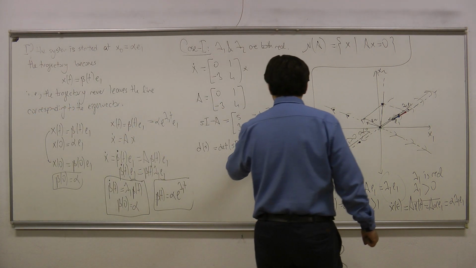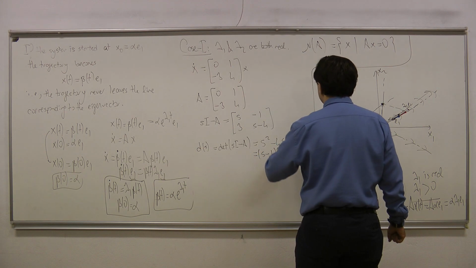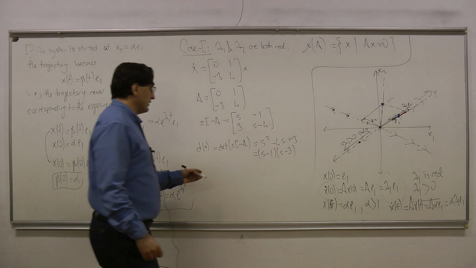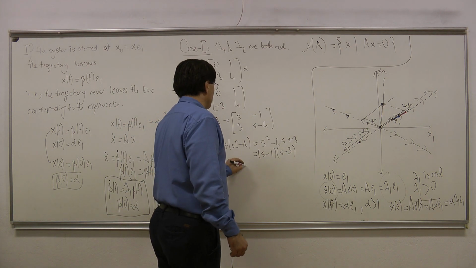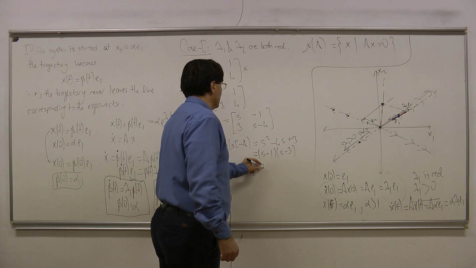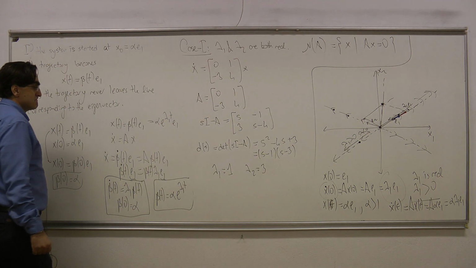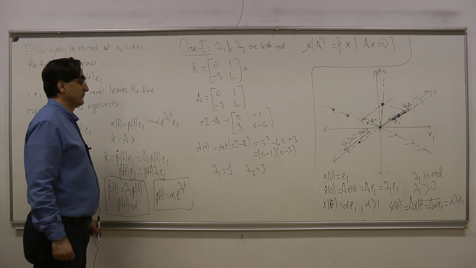So now this can be factorized as (s minus 1) and (s minus 3). Now I see that the first eigenvalue will be 1 and the second eigenvalue would be 3. Okay? I can actually take the reverse situation as well. It really doesn't matter.